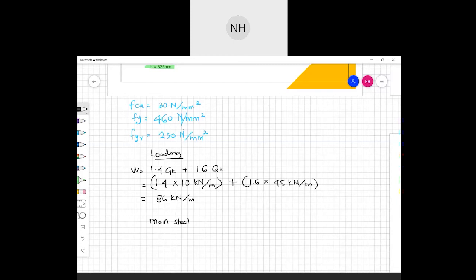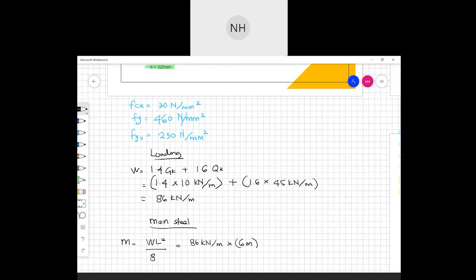For main steel, we know that the first thing we need to calculate is moment ataupun ultimate design moment using the formula of WL square over 8. Masukkan saja W you ni, which is 86 kilonewton per meter times dengan length, which is given dalam soalan 6 meter.